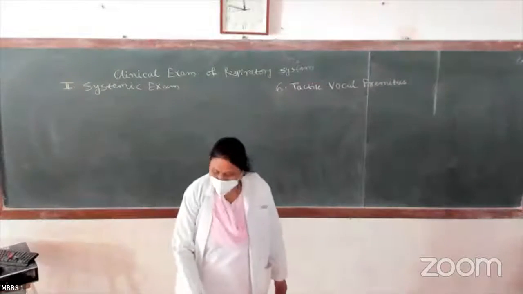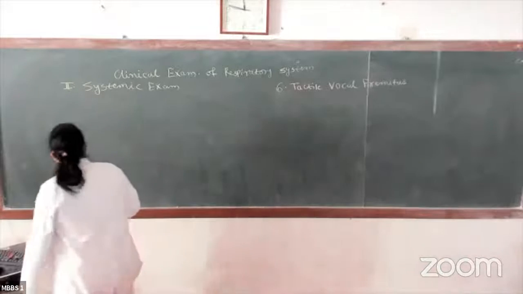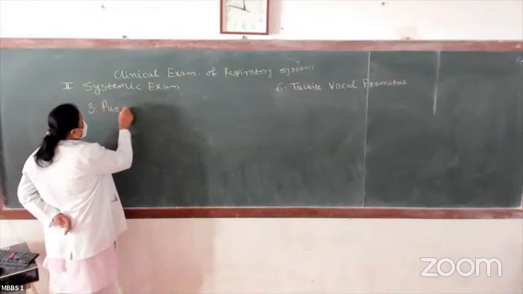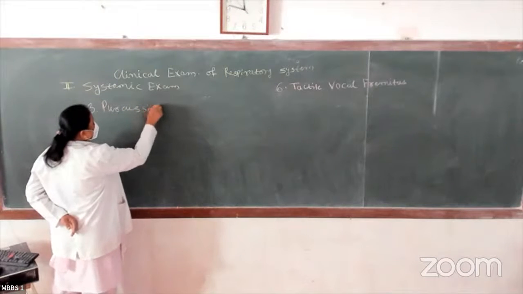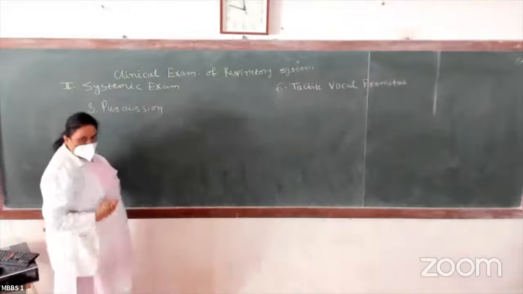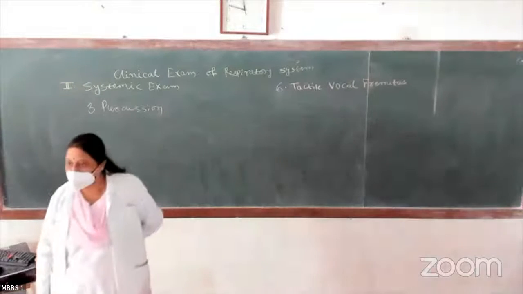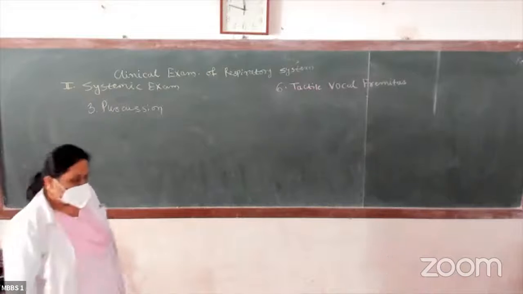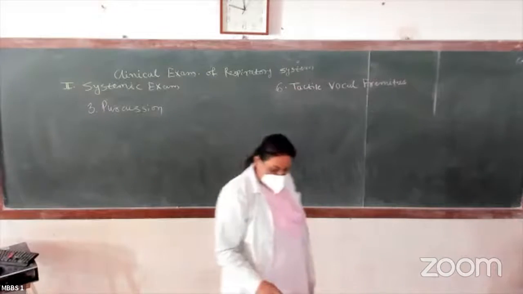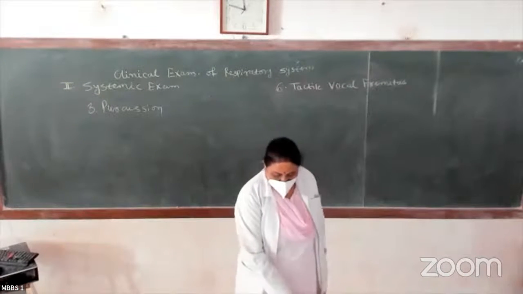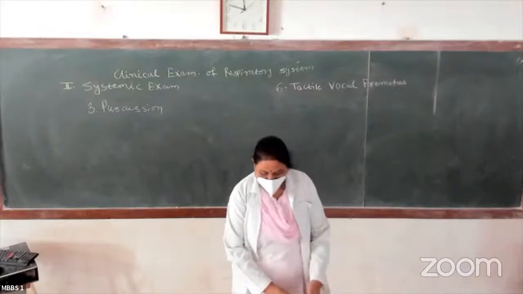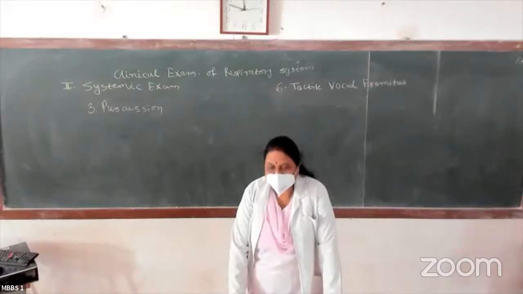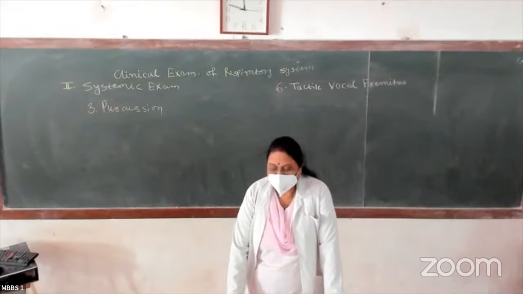You should know where the note changes: on the left side because of the presence of the heart and stomach, spleen, and on the right side because of the upper border of the liver. Percuss anteriorly, posteriorly, and on the back side. At the three areas you have to percuss. The normal note is the resonant note.